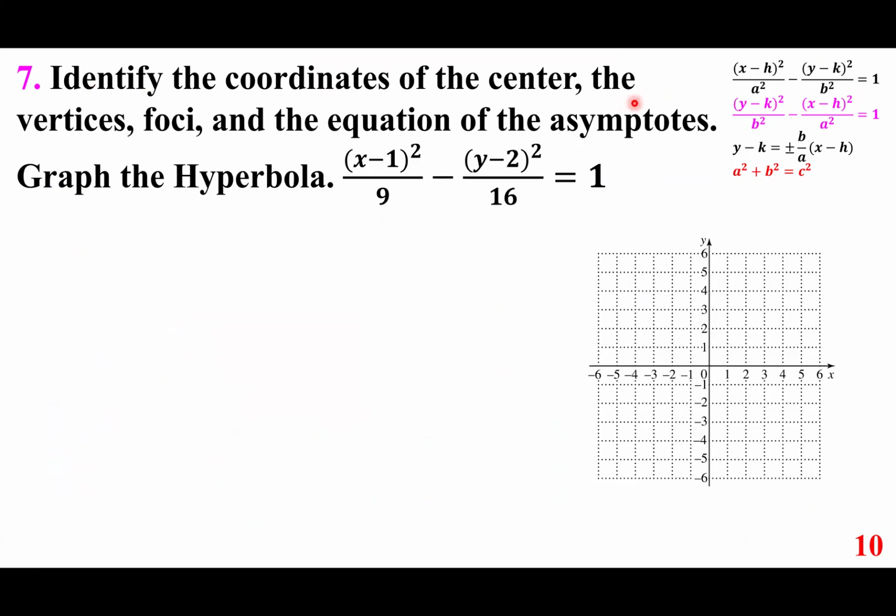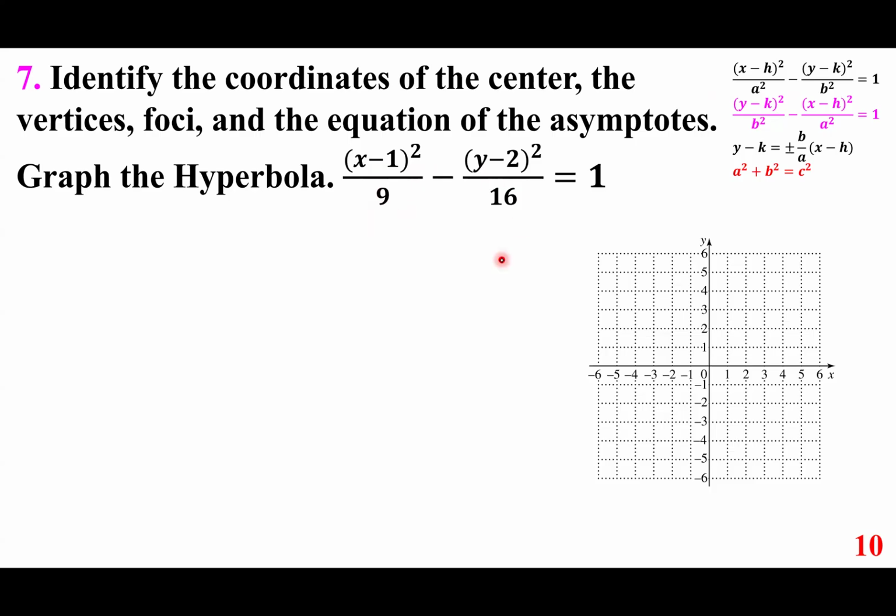Identify the coordinates of the center, the vertices, foci, and the equation of the asymptotes. Graph the hyperbola. Okay, so first and foremost, we are going to compare it to this one. So it's centered at 1, 2. A is square root of 9, which is 3.